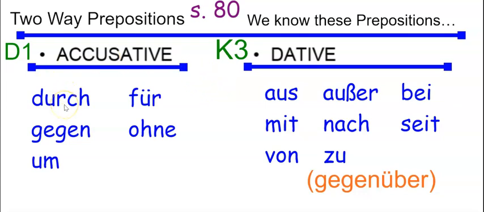So, durch, through; für, for; gegen, against; ohne, without. Gegen can also mean about when you're talking about time, like gegen 3 Uhr, around or about 3 o'clock. So those are accusative prepositions, typically learned in level 1.